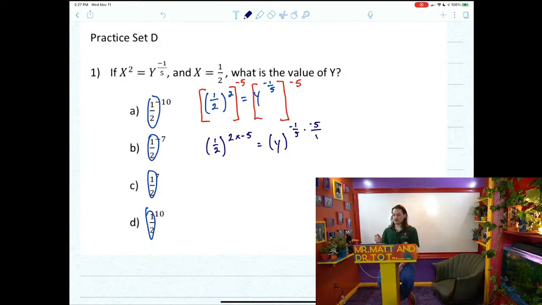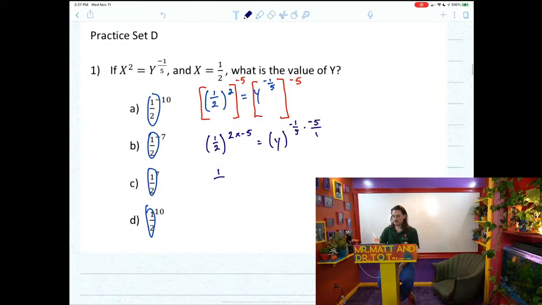Notice the right-hand side simplifies down to just positive 1, because negative 1/5 times negative 5 is 1. And so I get 1/2 raised to the 2 times negative 5 power is equal to y. So y is equal to 1/2 raised to the negative 10th power.